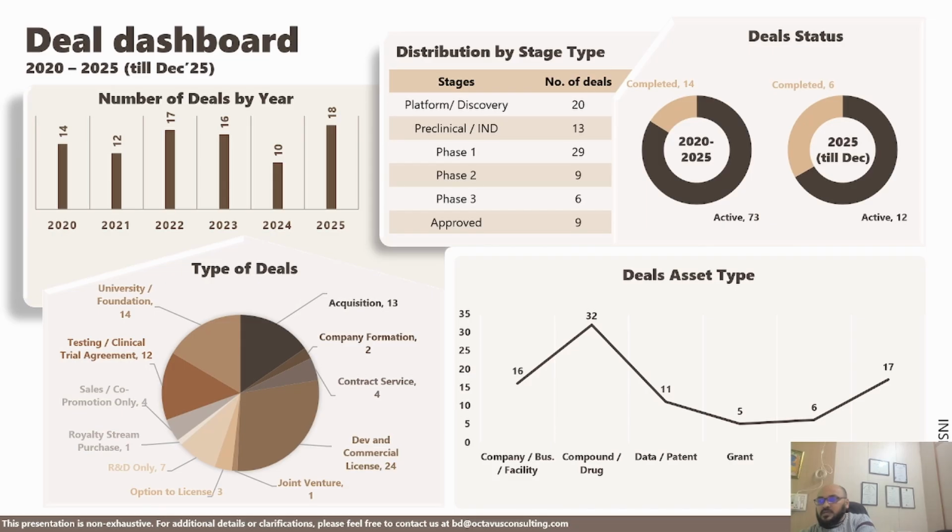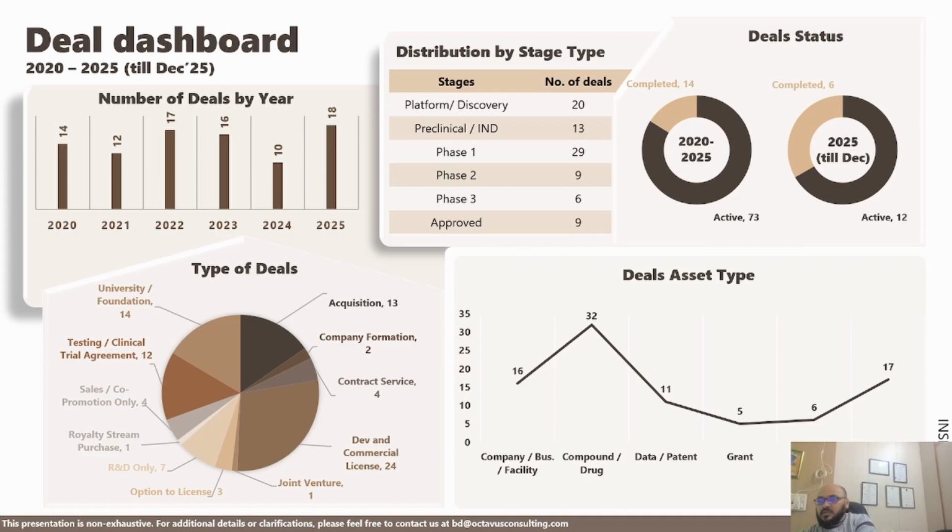Now, in terms of phase distribution, it is very interesting to see that a lot of deals are platform discovery, preclinical, and IND deals. If we combine these numbers, basically before clinical, it becomes 33. So in the last 5 years, out of total deals, 33 were basically pre-IND deals.